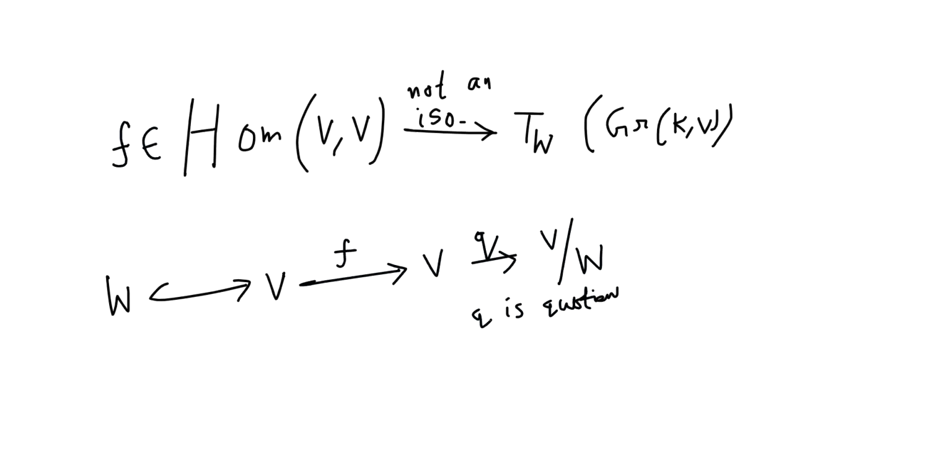Because W is a subspace, from V to V mod W you have a natural quotient or projection map. So given any F in hom(V, V), you have a map from W to V mod W.